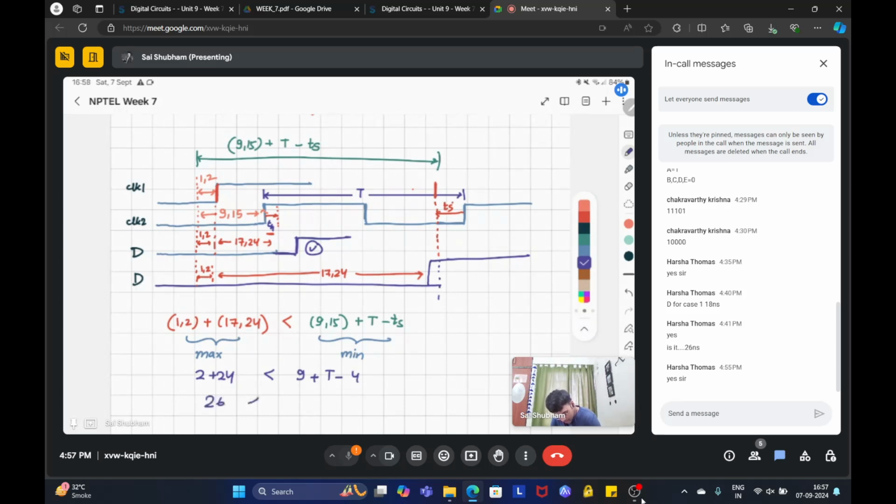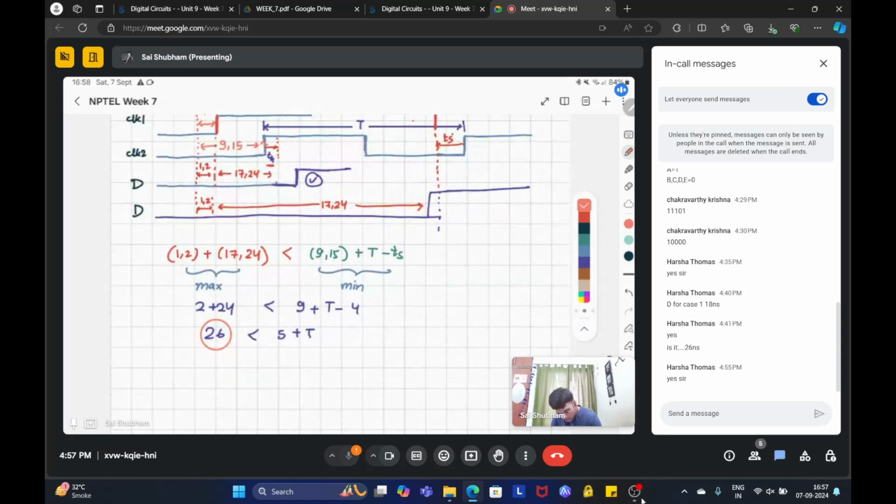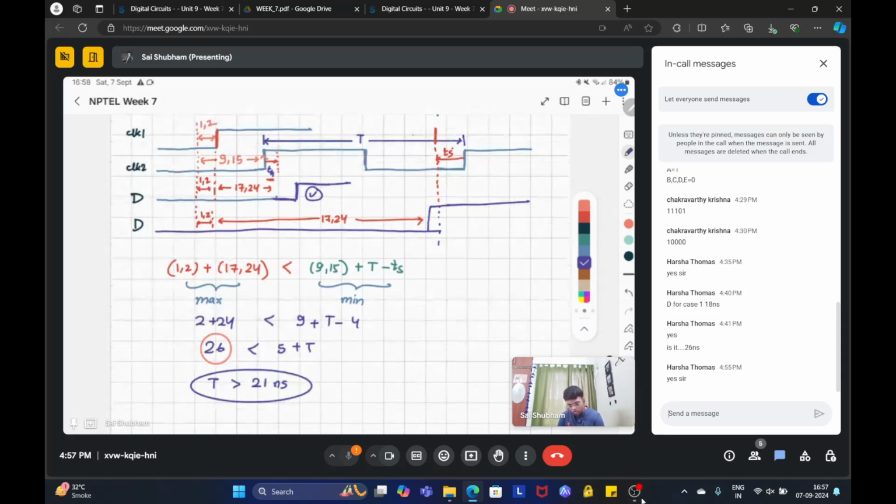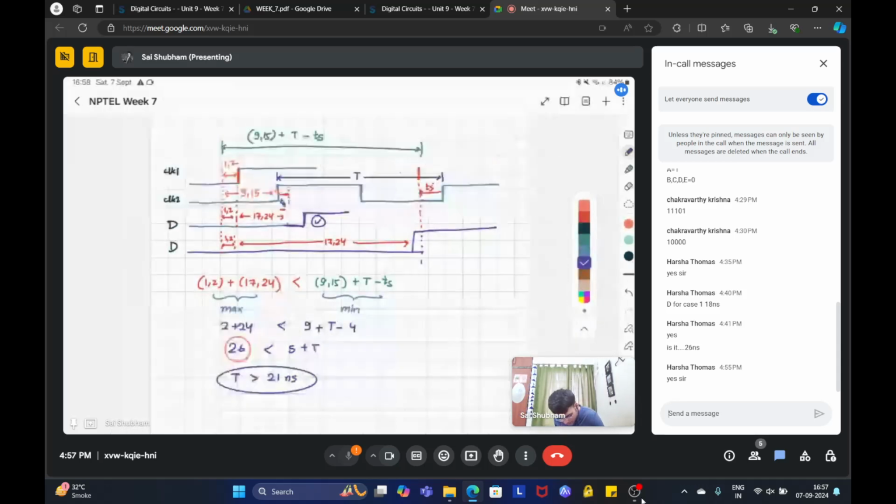So 26 less than 5 plus T. You almost got 26 nanoseconds, but the correct answer is that T greater than 21 nanoseconds. This is how you get your time period. If you maintain this time, then no setup violation.